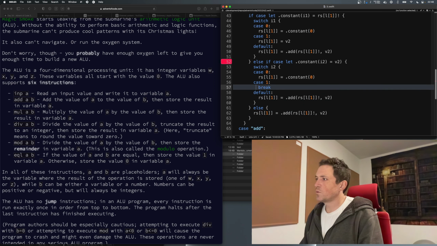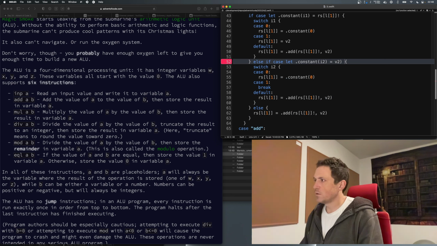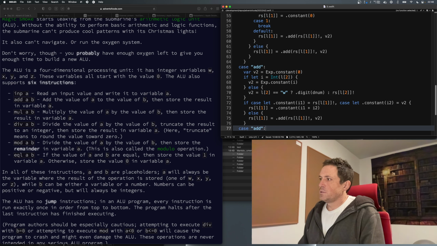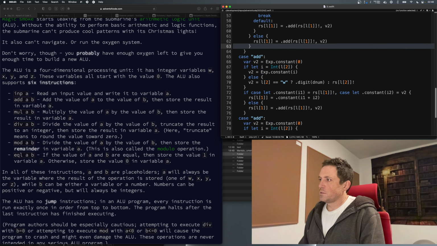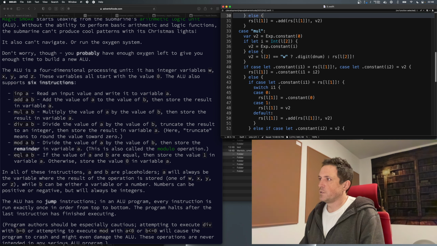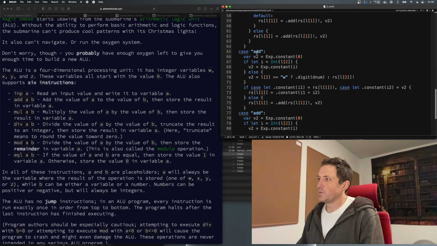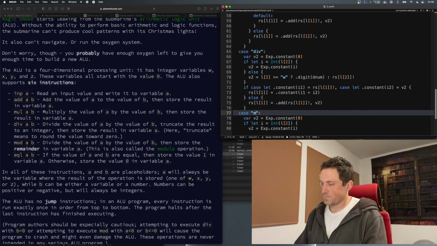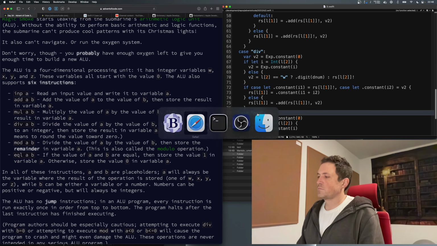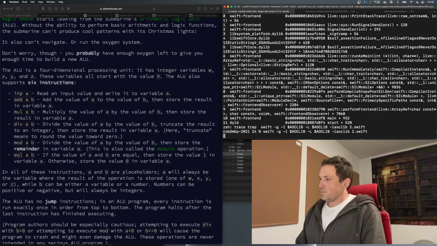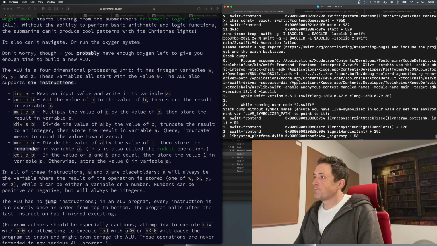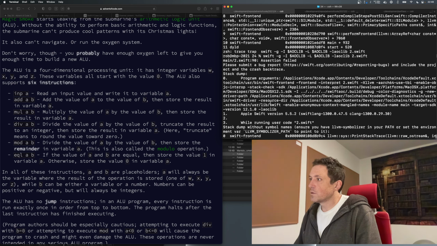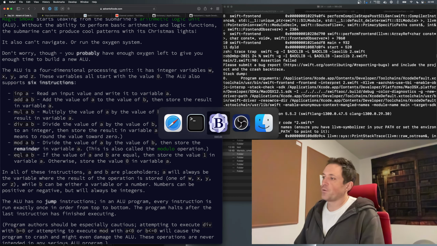Else we do. Okay, what's our problem here? Is that it? Okay, so we did our mul, and we need a div and a mod, right? Insertion failed, yeah. Okay.